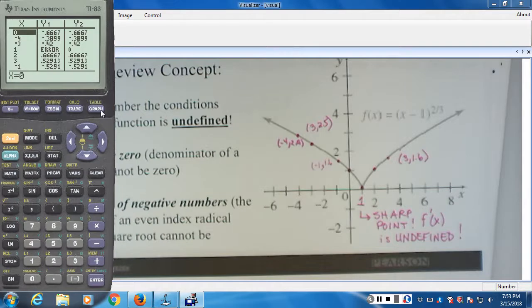What does our version of the derivative say that the value of the derivative is at x equals 1? Undefined. Okay? The problem with the calculator doing nDeriv is it is a wonderful thing. It's a great tool. It saves you from lots and lots of work most of the time. But be wary of it, especially if you get an answer that doesn't seem to make sense in the context of the problem you're looking at.